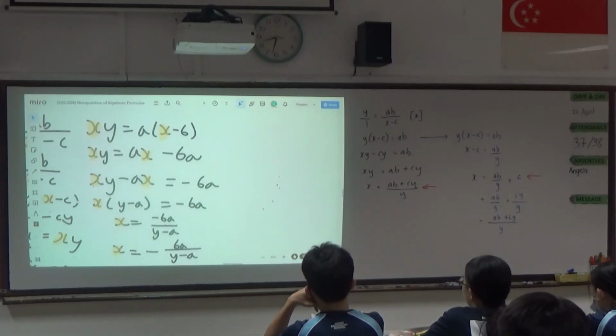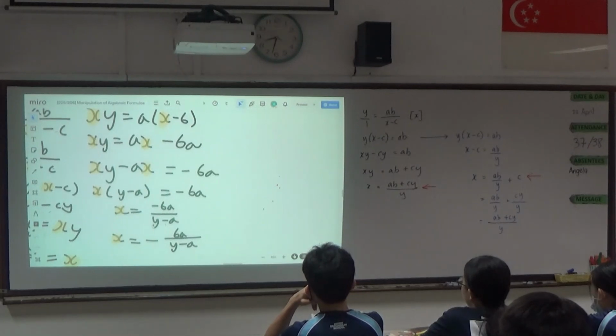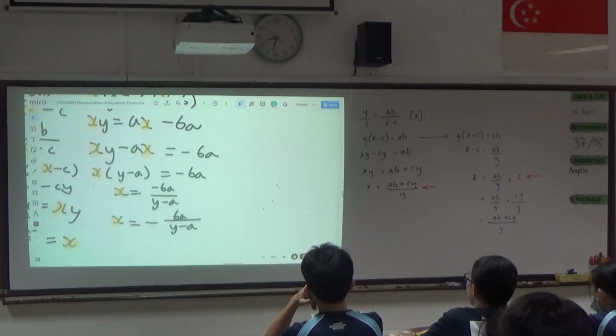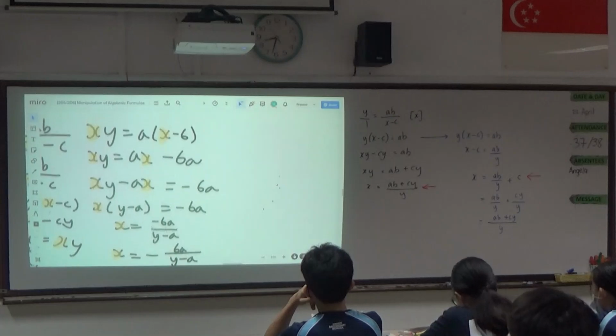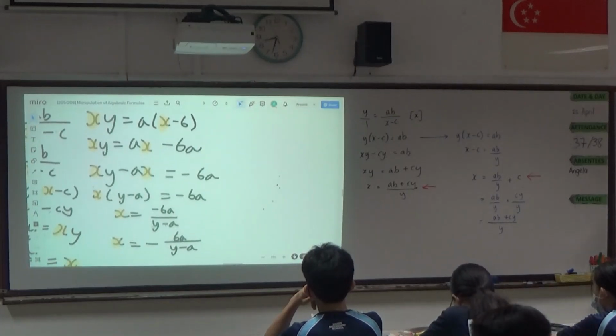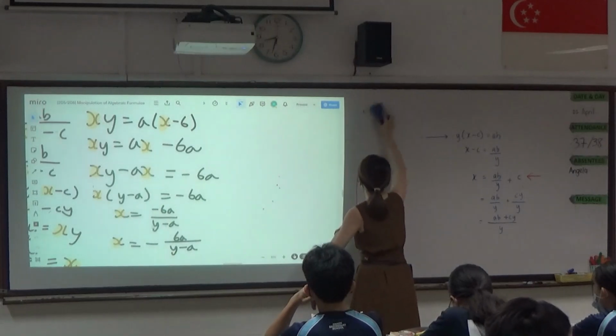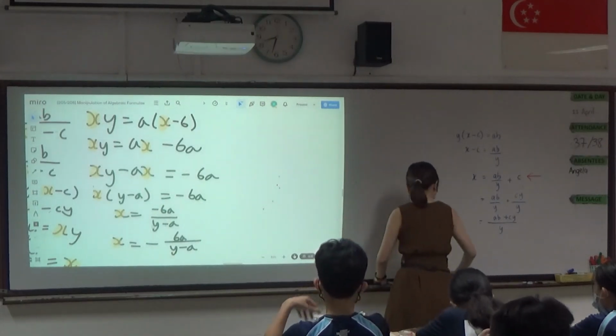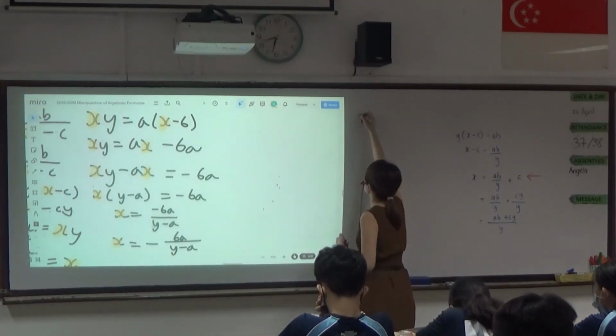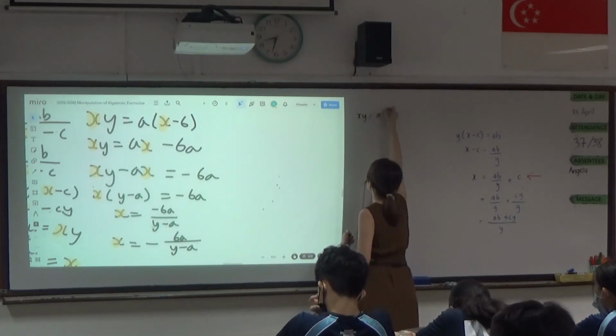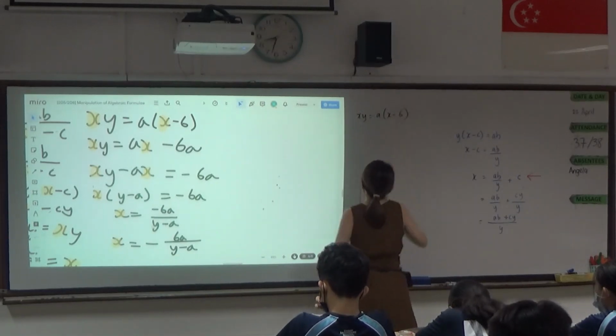Whereas for group 3, they have given us negative 6a over y minus a. So let's check the solution that is here. xy equals a times x minus 6.